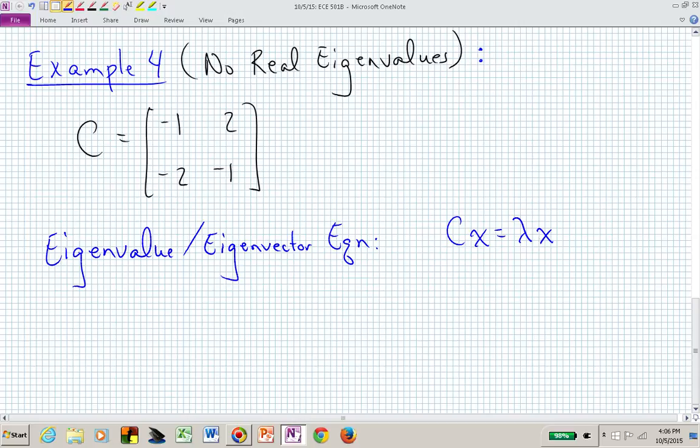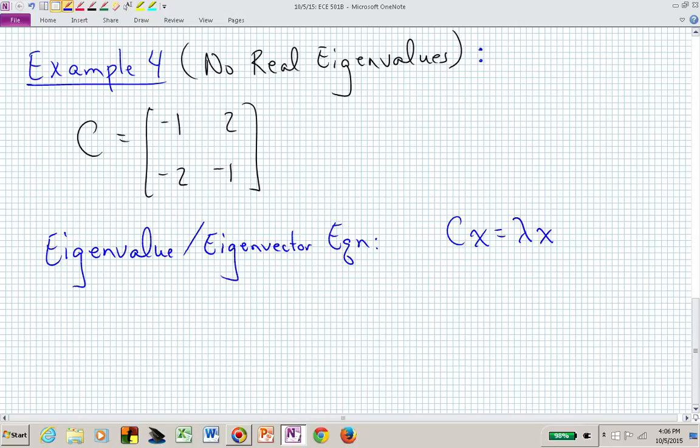In this case, I'm really overusing x, but x now is a column vector that's 2 components tall, and lambda is a scalar. We're trying to determine is lambda a real number for this matrix or not, and in fact it will not be.